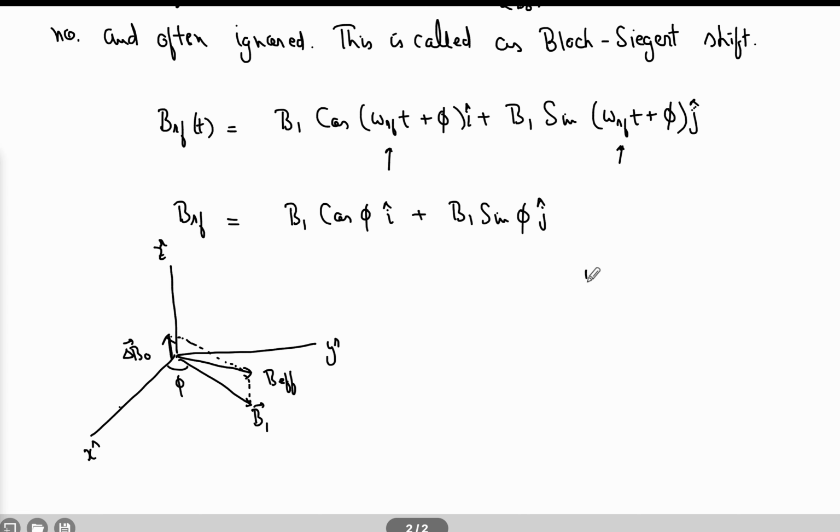So if you remember how a vector sum is written, if you have a vector A and a vector B perpendicular to each other, then the vector sum will be something like this.